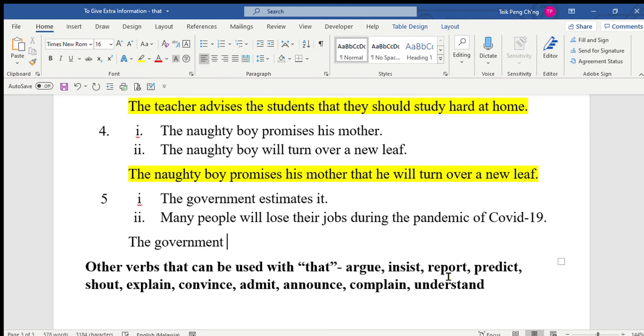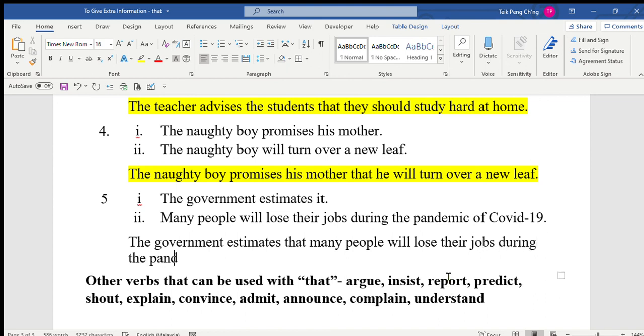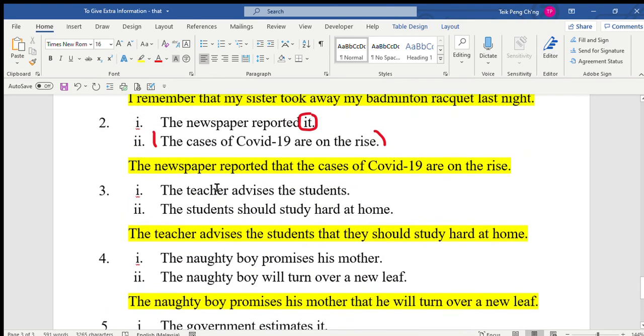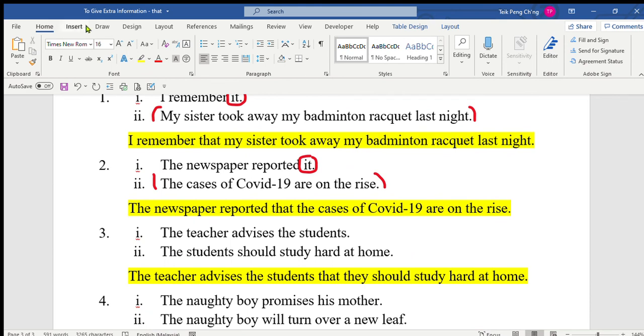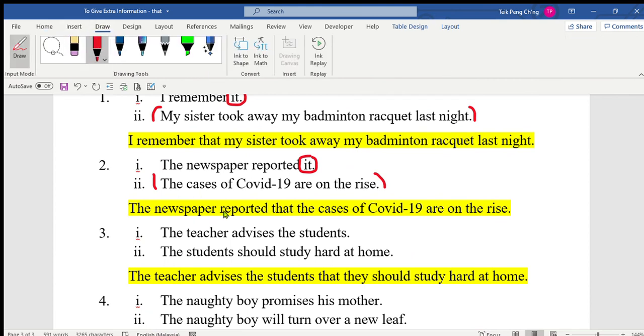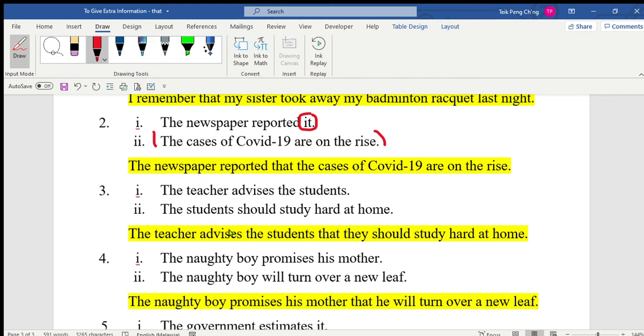The government estimates that many people will lose their jobs during the pandemic of COVID-19. So as you can see here, we use that to explain further about the verb.